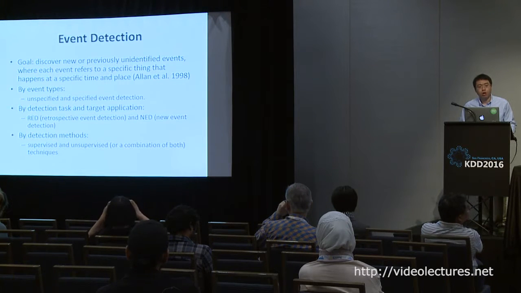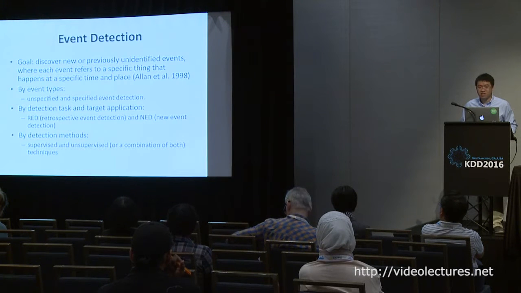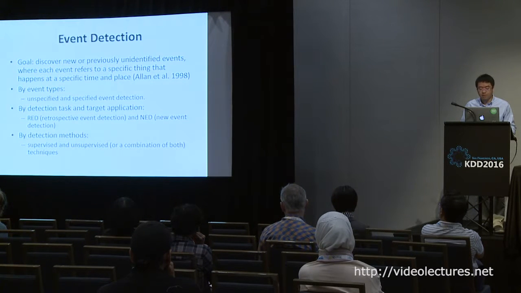So the goal of event detection from social media is to discover new or previously unidentified events, where each event refers to a specific thing that happens at a specific time and place.